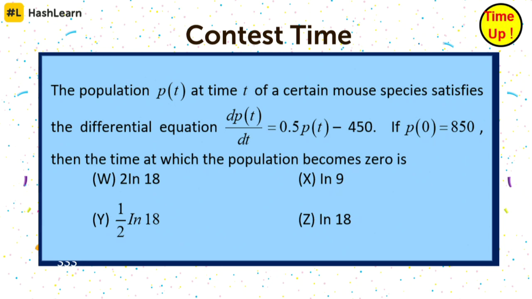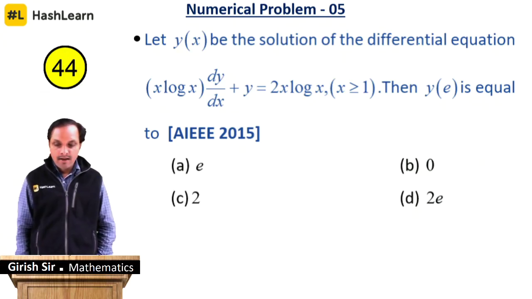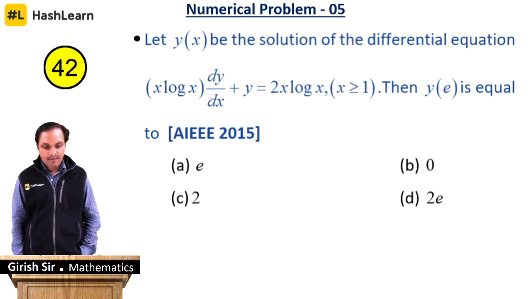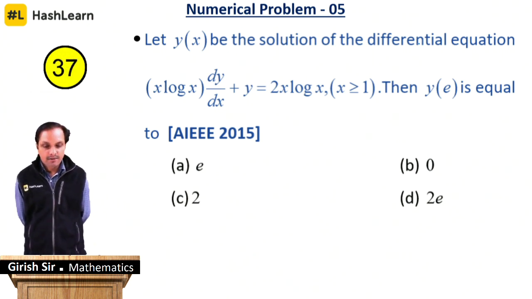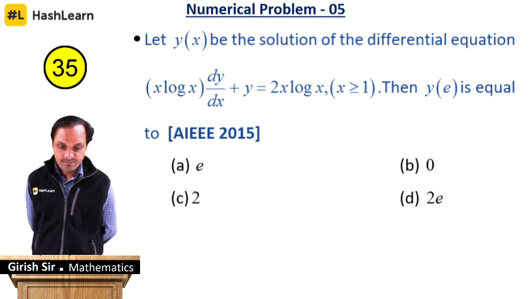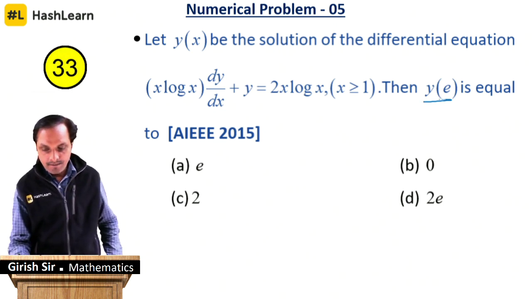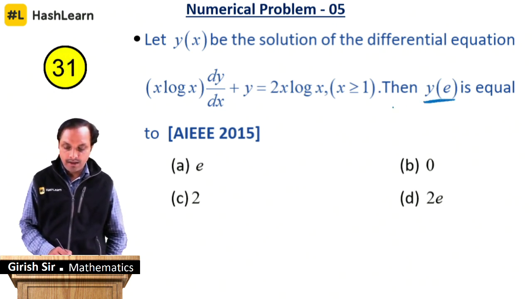Again, the next numerical will have 45 seconds. Try to give the right choice. And here is the problem. It's a problem from 2015 AIEEE. You need to find the solution for the differential equation. After that, you need to find y of e.